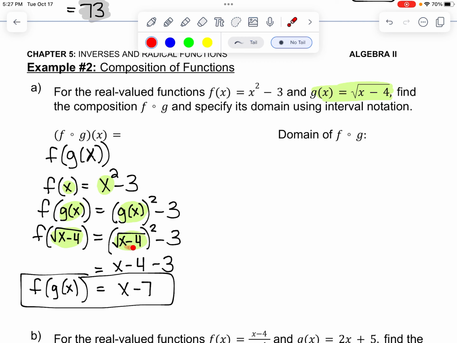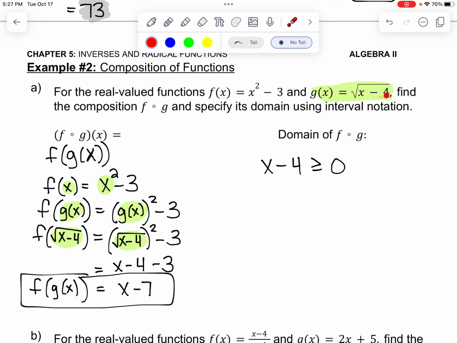So we don't want the number under the radical to ever be a negative for this problem. So you want to take what's under the radical, the x minus 4, and you want to set that as an inequality greater than or equal to 0.